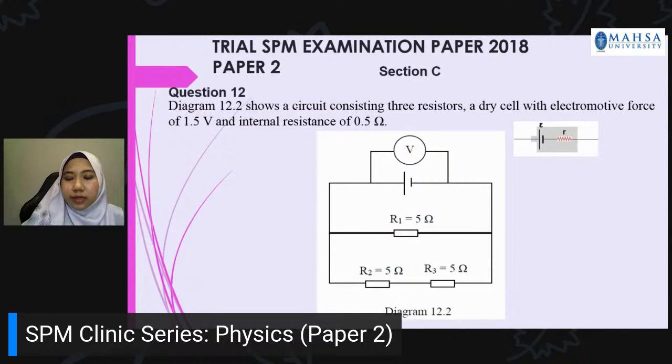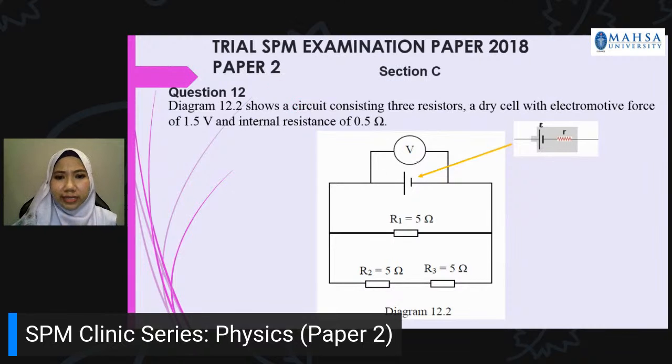It's not like the previous question, where you did not consider the internal resistance in your calculation. Here you have your internal resistance, which is 0.5, and the electromotive force, which is 1.5, and you need to consider them in your calculation. Not only do you have internal resistance, you also have external resistance.